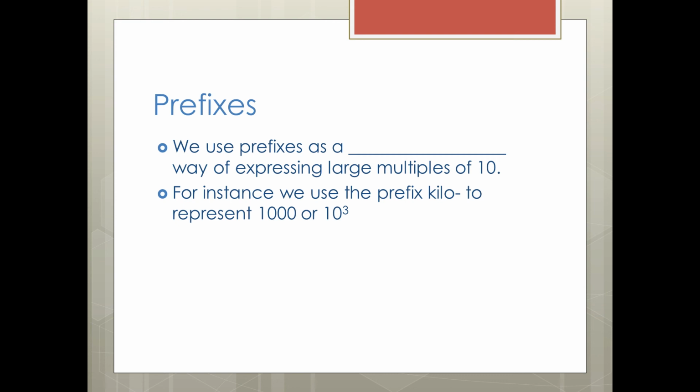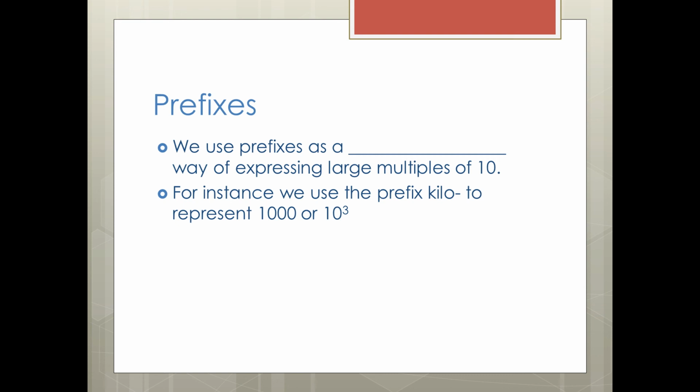It becomes very useful when we're working with certain numbers. Kilograms, for instance. What is 1 kilogram? How many grams? It's 1,000. It would really be 1 times 10 to the third grams. So 1 kilogram is 1,000 grams. When you have positive exponents, it's pretty easy.